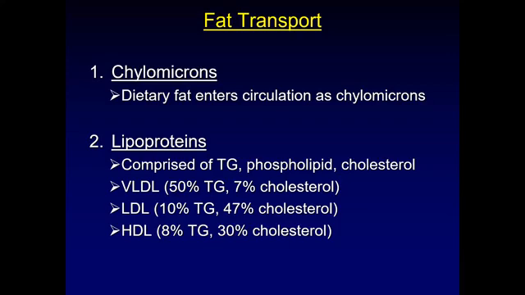So we're going to bind it to what's called a lipoprotein, in a chylomicron. I'm not going to ask you guys about VLDL, LDL, or HDL as a part of this, but just know that there has to be a way to bind and carry and transport these free fatty acids.